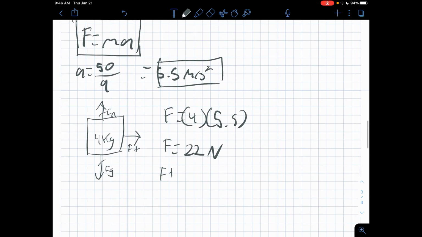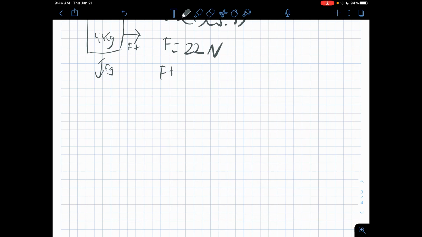So what if we take this a step further and we draw something? Let's say you have a block here, I'm just going to draw it like that, and say it weighs 6 kilograms.